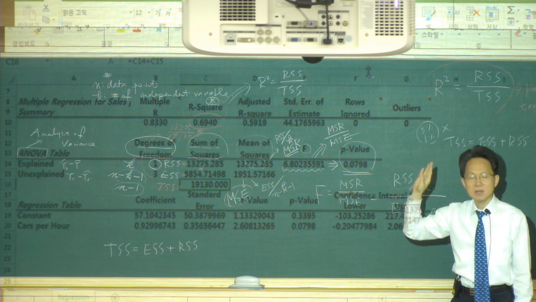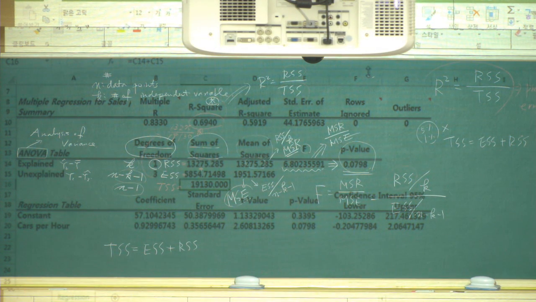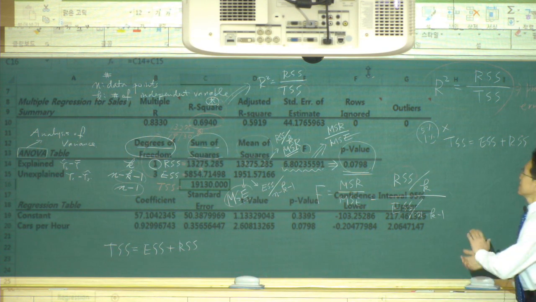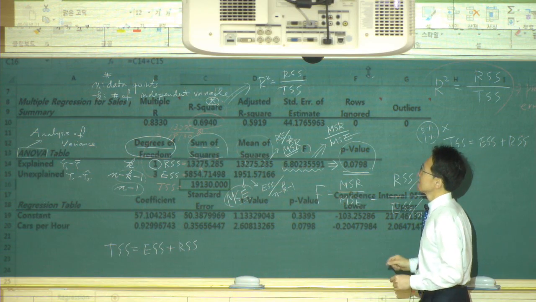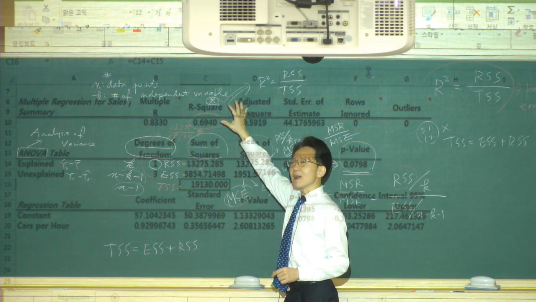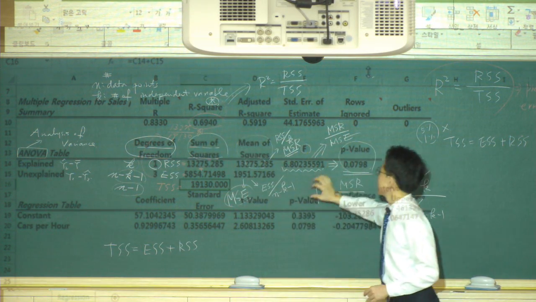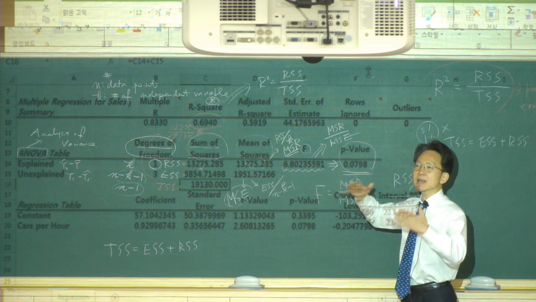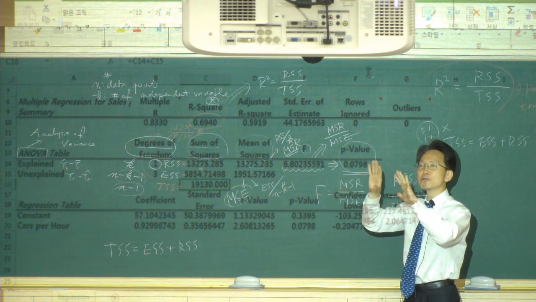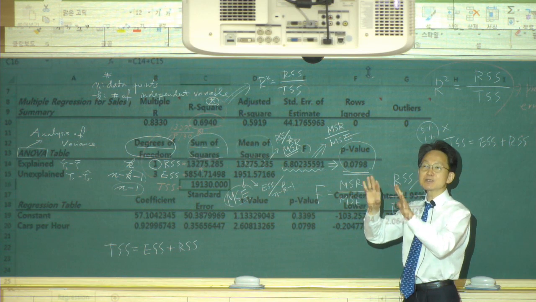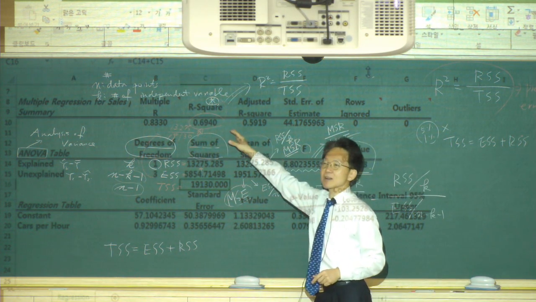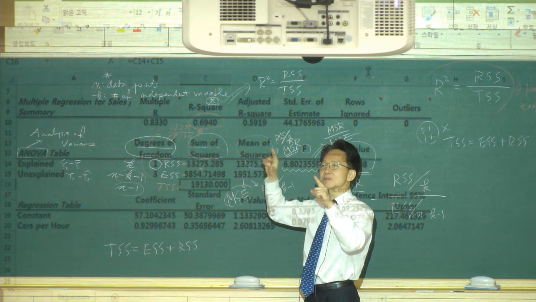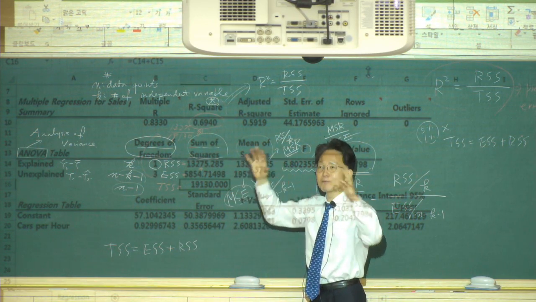Okay? So if it's too complicated, you can forget about the details, but I just want to make sure that you remember that both R square and the F statistic tell us about the overall validity of the regression line as a whole. In other words, this will tell us whether the regression line itself is good or bad overall.